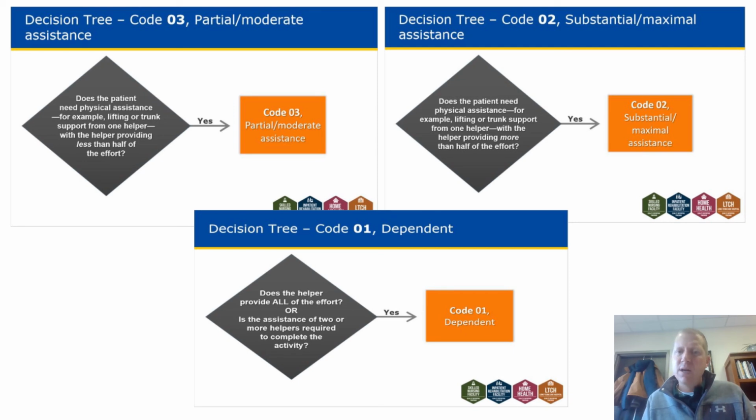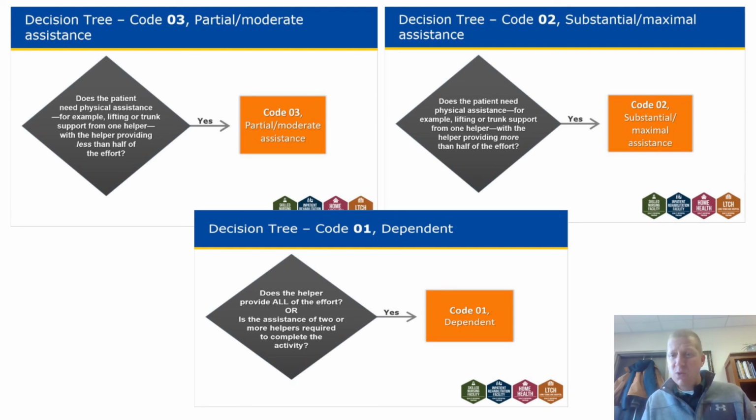If they needed more than half of the effort, you would go to code 2, meaning substantial or maximal assistance. So does the patient need physical assistance with a helper providing more than half the effort? Okay, so again, this is where you would look at the item, right? You would calculate the number of steps for that item and determine how many of those items you provided physical assistance, where you were lifting or providing trunk support or providing some sort of physical assistance with them. And it would have to be more than half of that task.